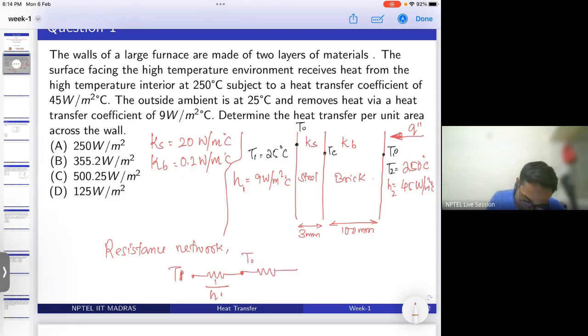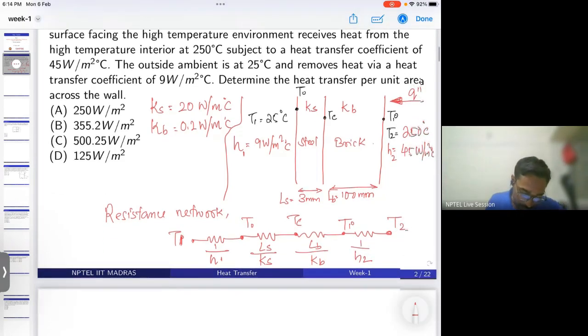Then there is a conduction resistance for the steel, that is LS by KS. This is LS and LB. And there is a conduction resistance for the brick, that is LB divided by KB. And there is a convection resistance, 1 by H2. So this is the resistance network.